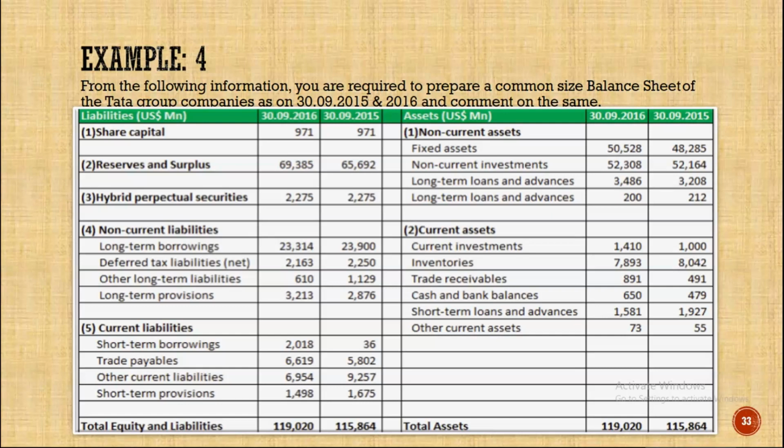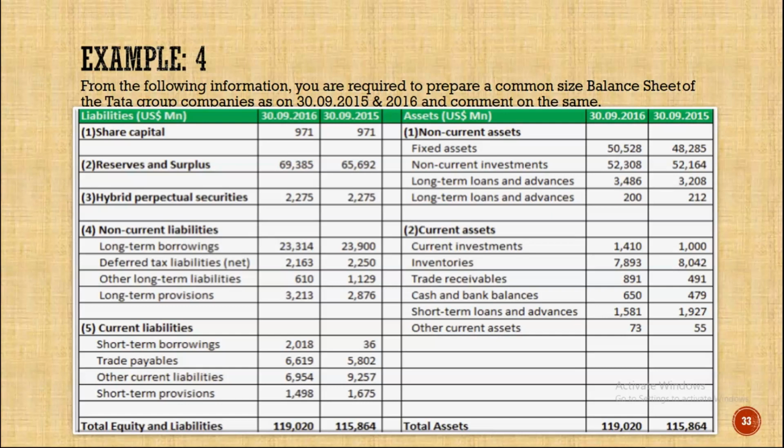Next is current liabilities. On the asset side, you can see non-current assets, in that fixed assets and other non-current investments, loans and advances mentioned. And next point is current assets. So in this way, they have given the information concerned with asset and liability position of Tata Group of companies for the 2 years. At the end, we can see total equity and liabilities and total asset figure are the same.